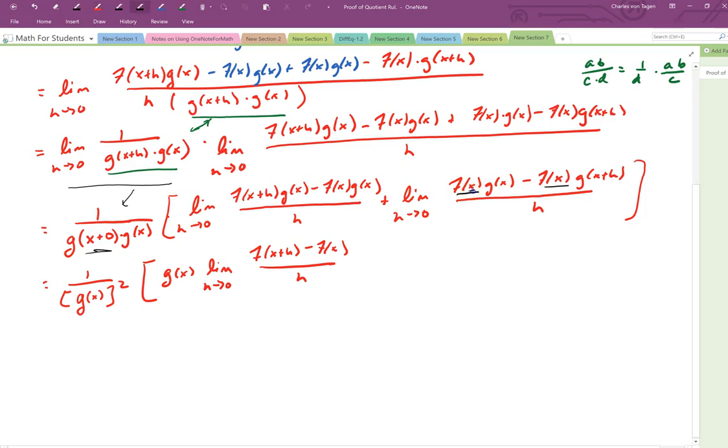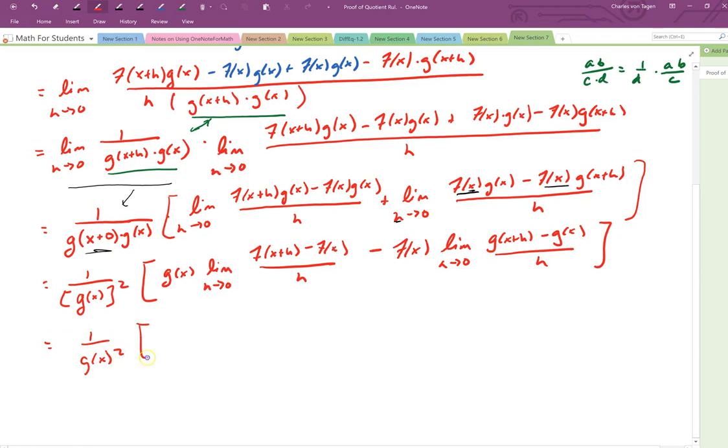Notice that they depend upon x, not the limiting value h, so I can factor that out of that limit. Additionally, I'd like to pull out a negative sign. If I factor out this negative, this expression would be positive, so that's g of x plus h minus g of x all over h.